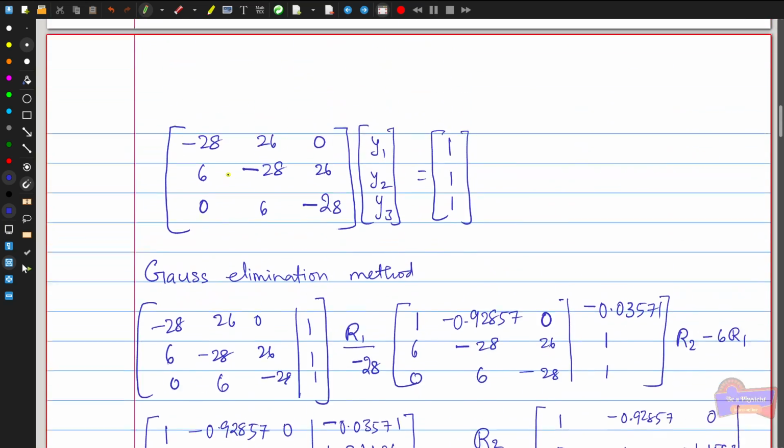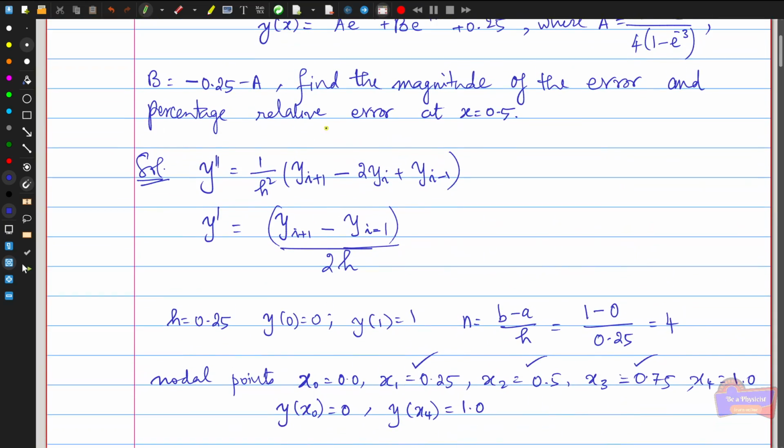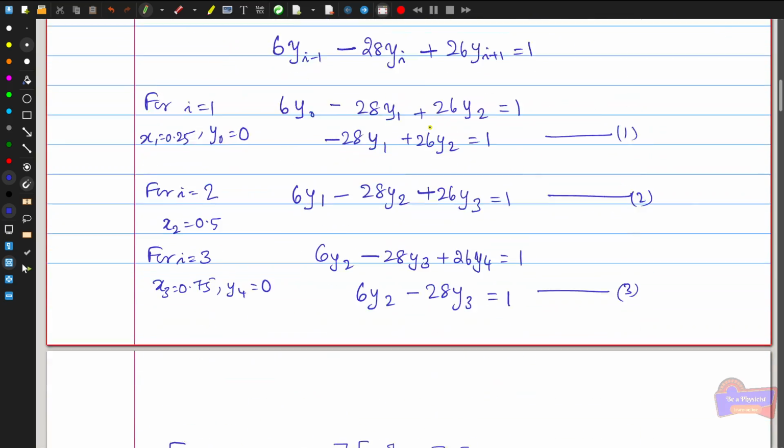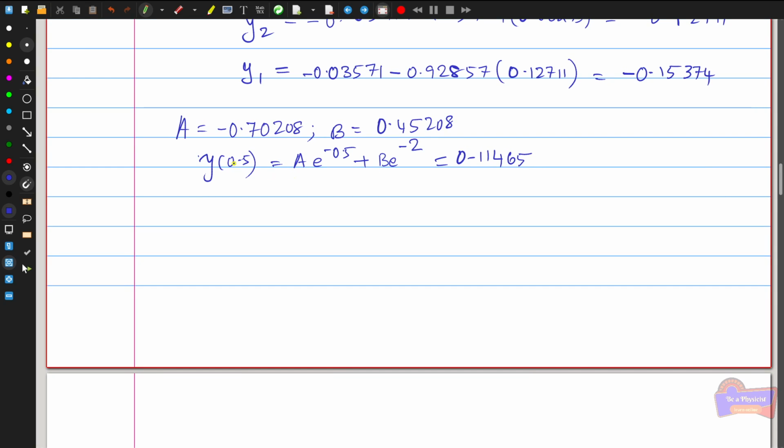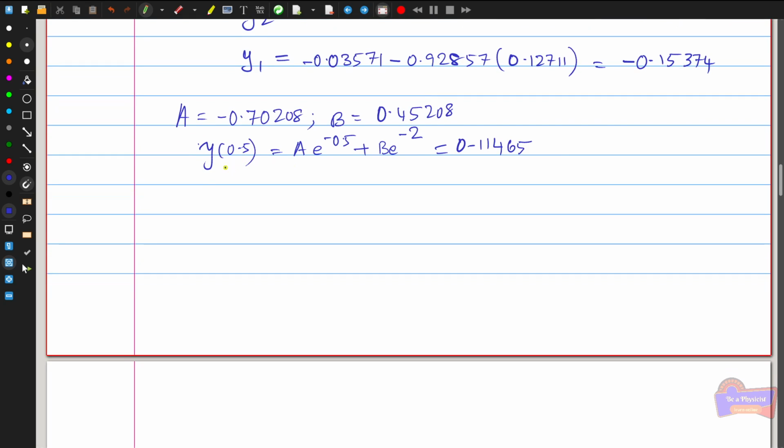Okay, so these are the a and b values, and now we compare the numerical solution and the exact solution at x is equal to 0.5. At x equal to 0.5, I have y equal to a into e power minus 0.5 plus b into e power minus 2, which will be equal to 0.11465. So this is the value of y at x equal to 0.5.